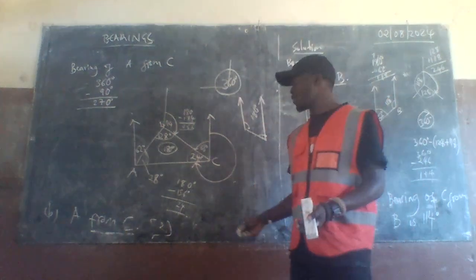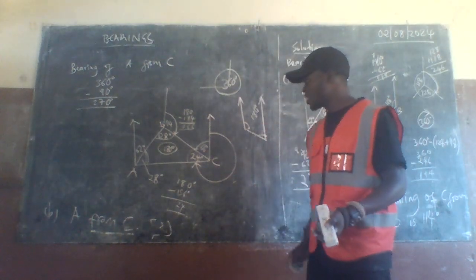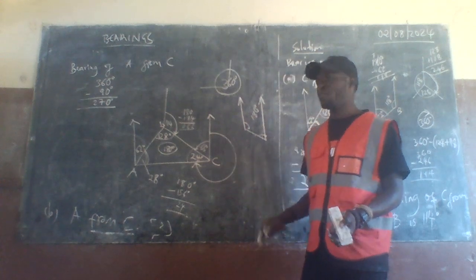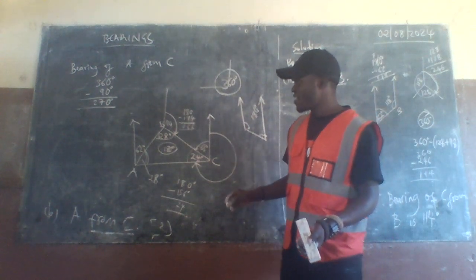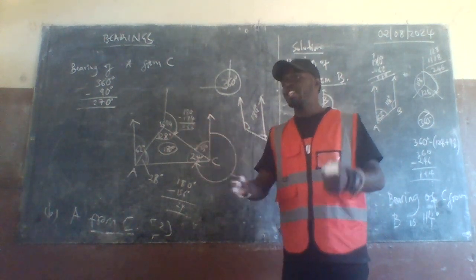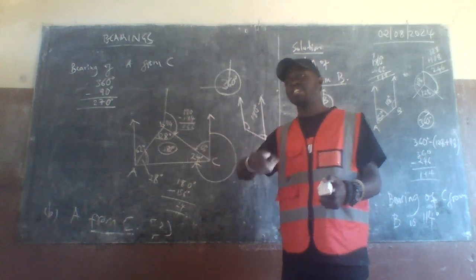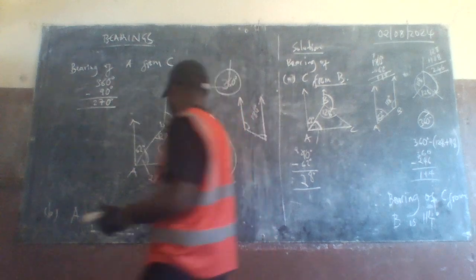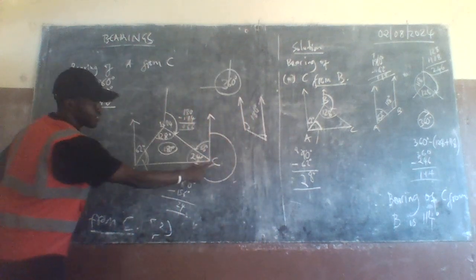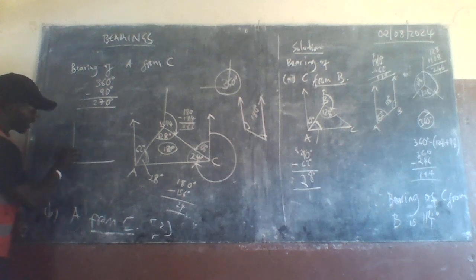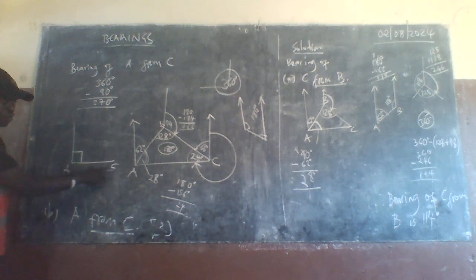I think with that information which I have shared, we can solve any other question using the same principles. Whenever they say a certain letter is due east of the other one, it means there will be a 90 degrees created. Like here, we were told that C is due east of A, meaning there will be a 90 degrees between the two here.